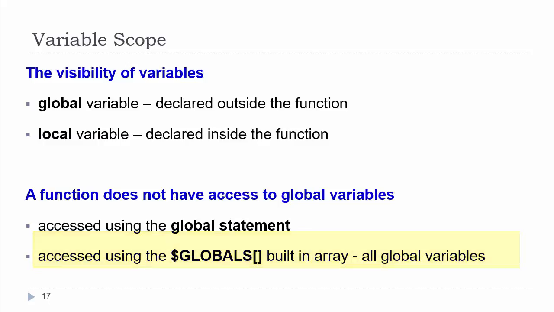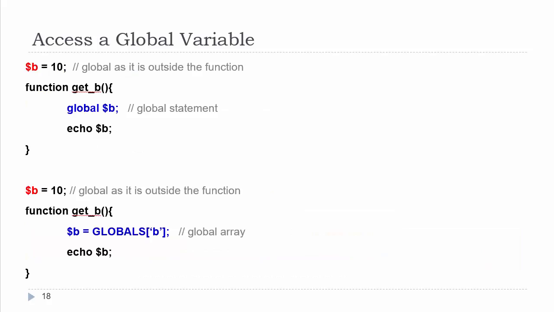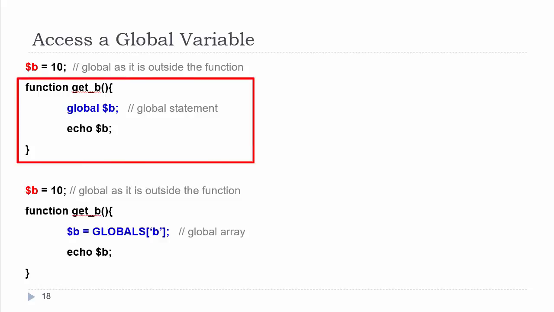So let's take a look at how we would do this. In the first example, I have a function, get_b. On top of that function, I have a global variable set. It is global because it is outside the function. So if I wanted to use the value of $b inside this function, I would need to make it global. And I can do this with the global statement as we see here.